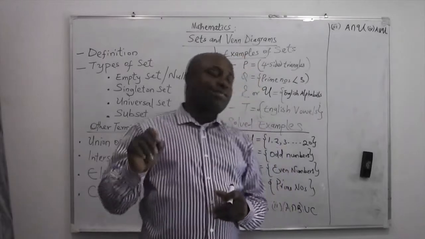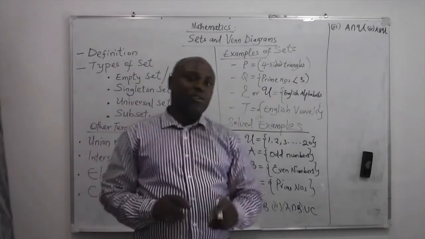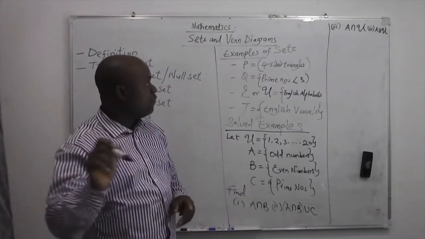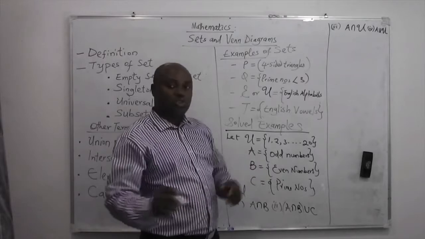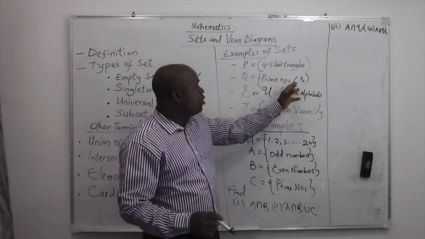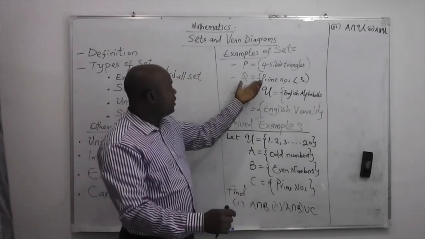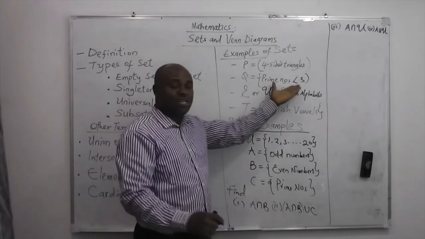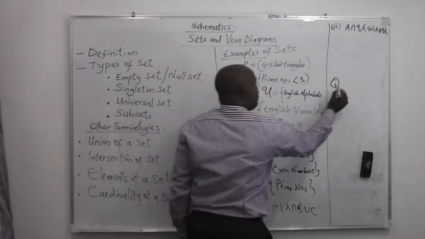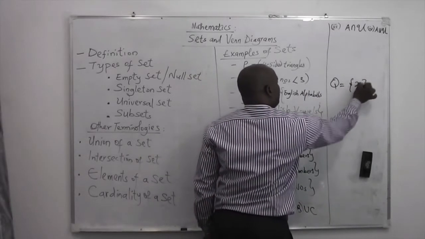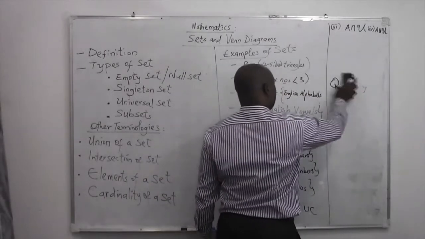A prime number is any number that has just 2 factors, 1 and itself. So the first prime number in the list of numbers is 2. If we are talking about prime numbers less than 3, we are referring to just 2. It means for this example, Q equal to prime numbers less than 3, Q is equal to nothing but 2. It has just a single entry. That means it is a singleton set.